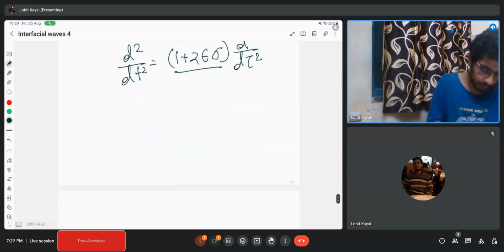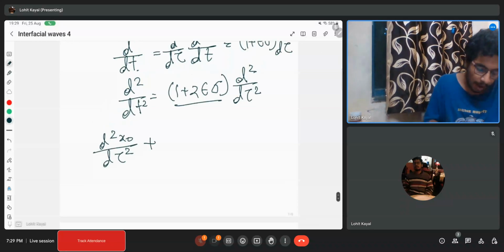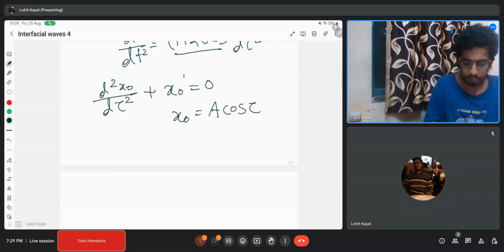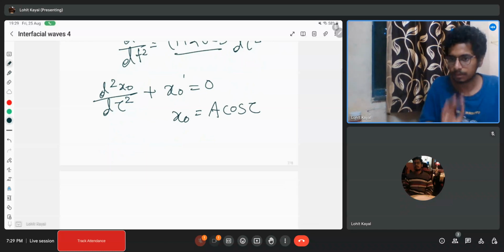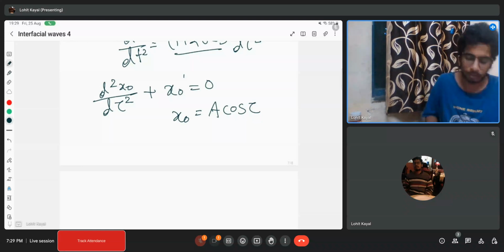Okay. So now what will be our solution at the base state? Our base state solution will be d square x naught d tau square plus x naught equal to 0. So remember, I am just taking a cos term. This is not the complete solution, but for simplicity, I just want to show you that this Lindstedt-Poincare method will work for this problem. A cos term I am just taking, but originally you have to take a b sin term as well.